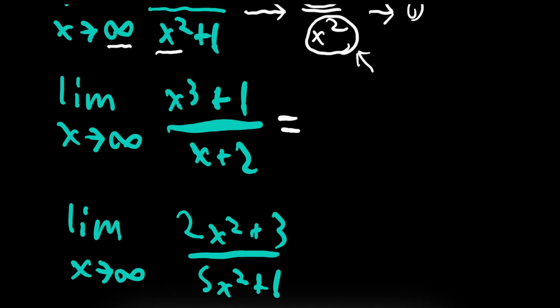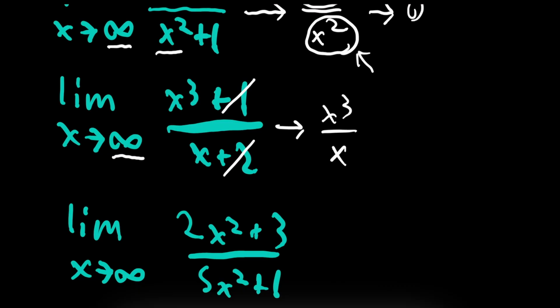Let's take a look at this example right here. So x cubed plus 1 over x plus 2. Same idea here. These constants are going to be insignificant for larger and larger values of x. It's safe to just ignore them and create a simpler expression like this to analyze.